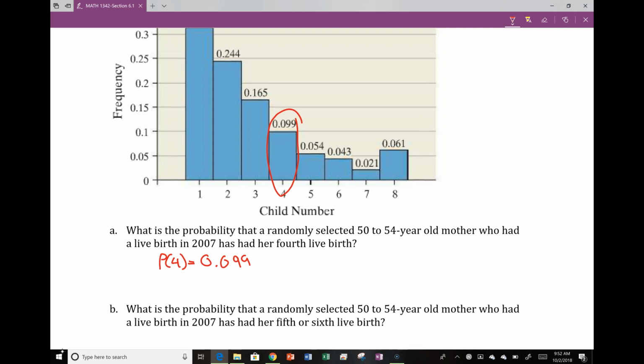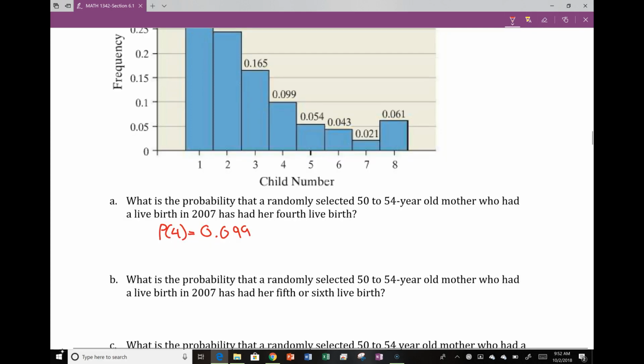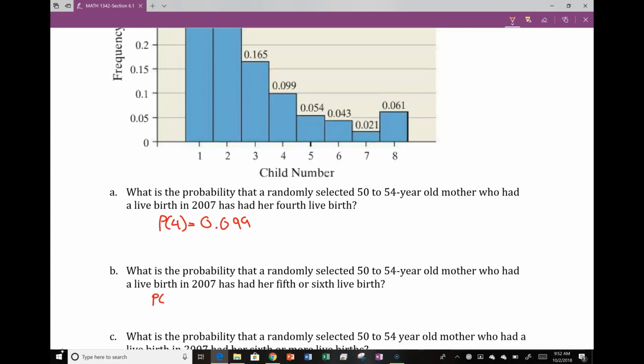What is the probability that a randomly selected 50 to 54-year-old mother who had a live birth in 2007 has had her 5th or her 6th live birth? Okay, so this is the probability of 5 or 6. So that's the probability of 5 plus the probability of 6.